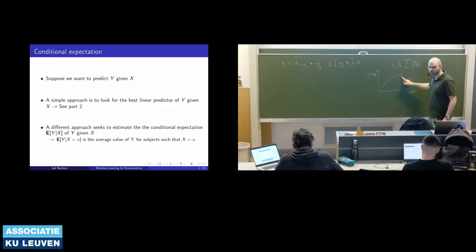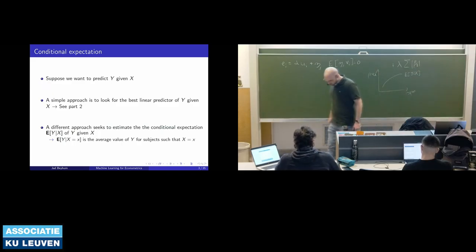The price per square meter is lower for big flats than for smaller flats. So ideally, if you want to do your prediction, you would like to know what would be this average price of a flat with exactly the same number of square meters and the same year where it was built as your own flat.